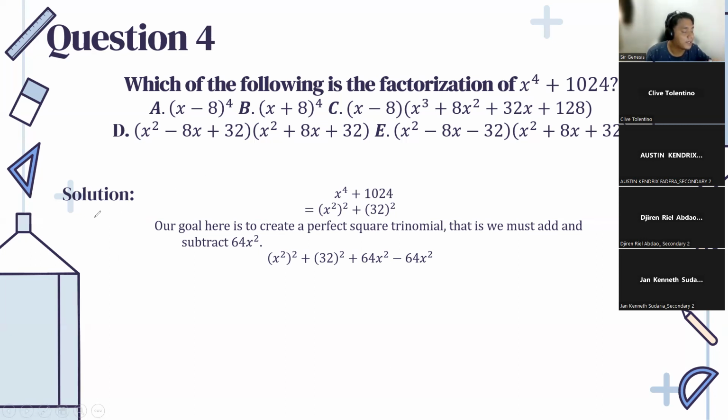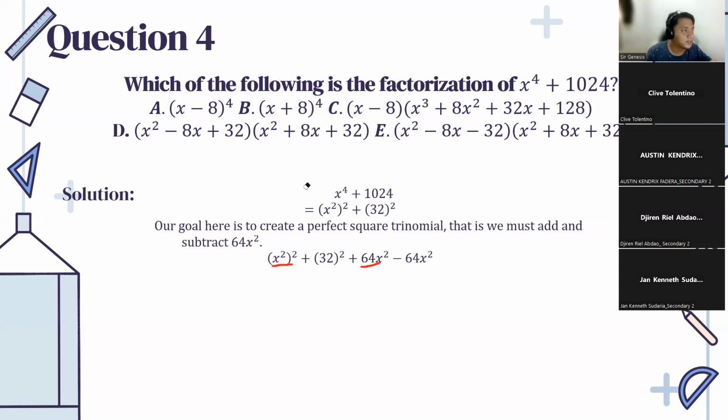Because as what I've written earlier, we have 2xy. So here, imagine this being, let's say, a. So we have a squared. This is b squared. Then we must have 2ab. So that will be 2 times 32 times x squared, right? So which is equal to 64x squared. So that is how you try to complete the perfect square trinomial.